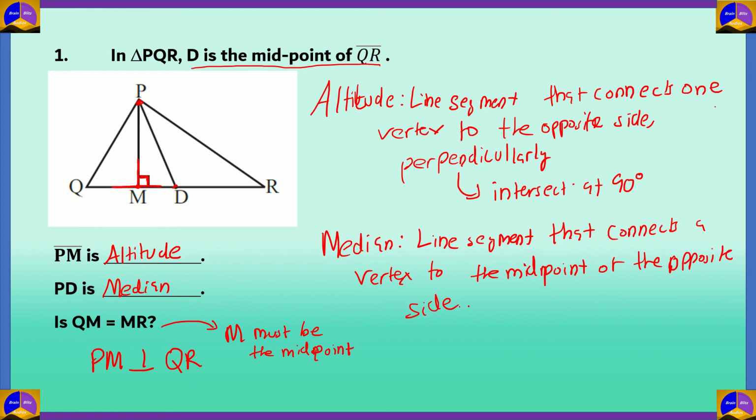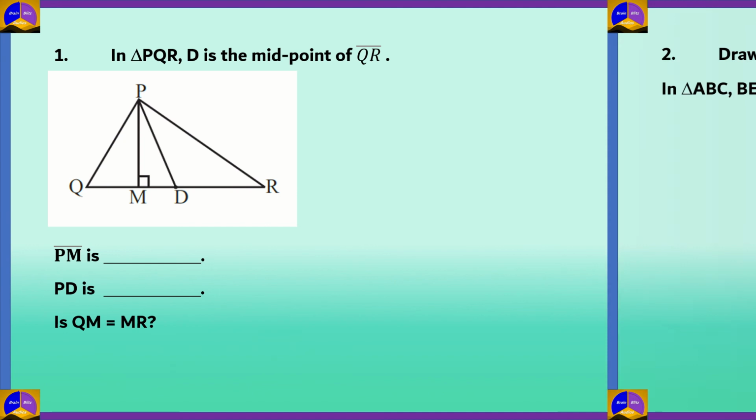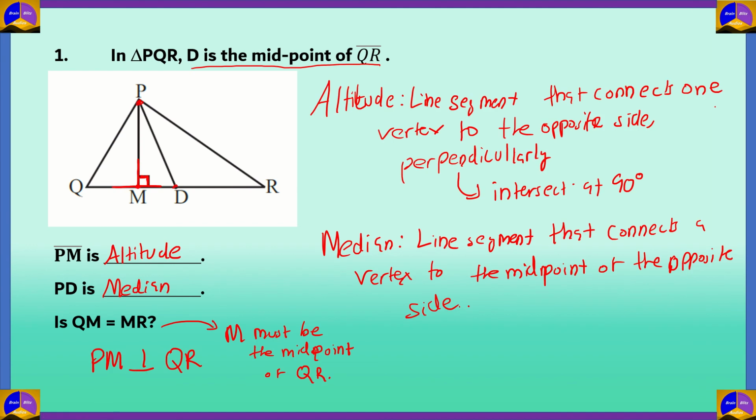If we remove M, we get Q and R. So the midpoint of QR. But this is not the case. The question has already given us that D is the midpoint of QR, not M. So this is false. That means QM is equal to MR is also false. So QM is not equal to MR.